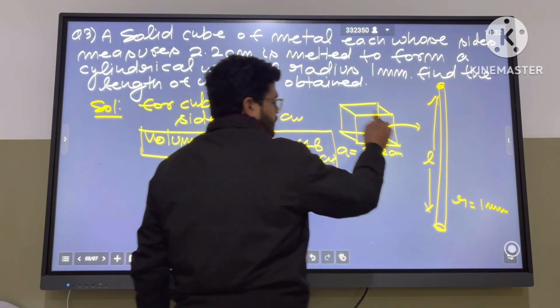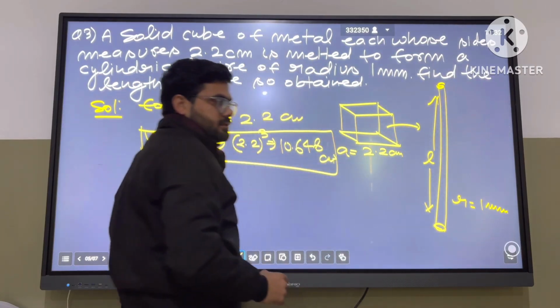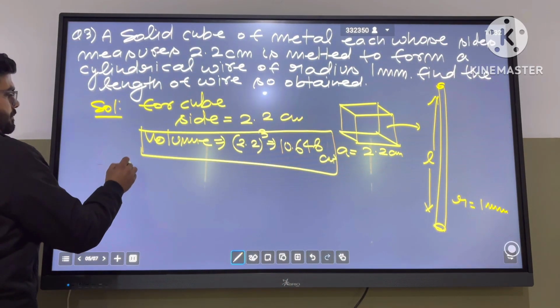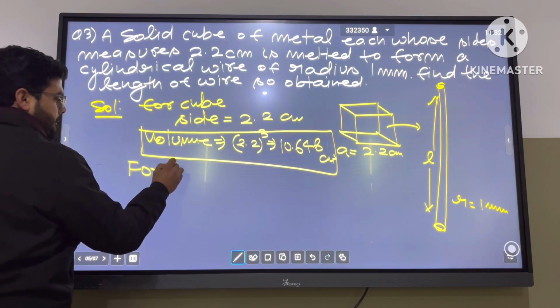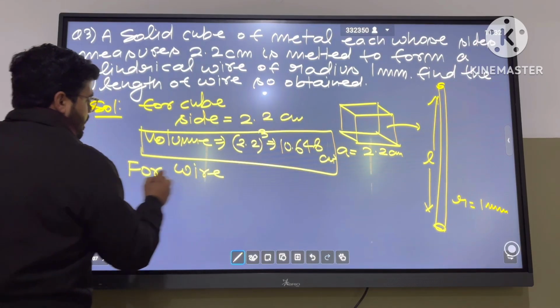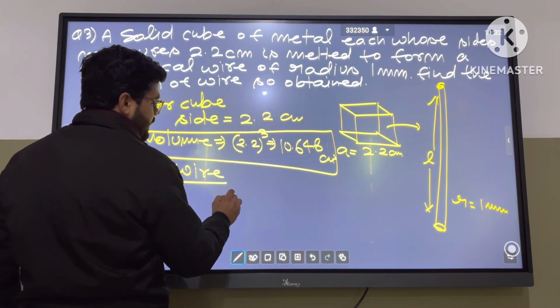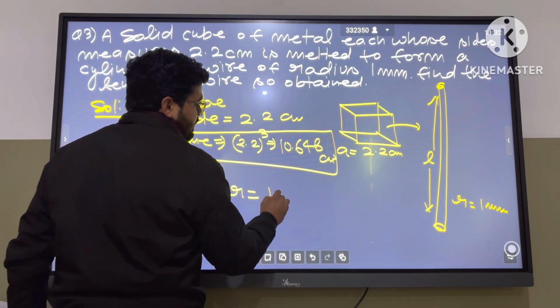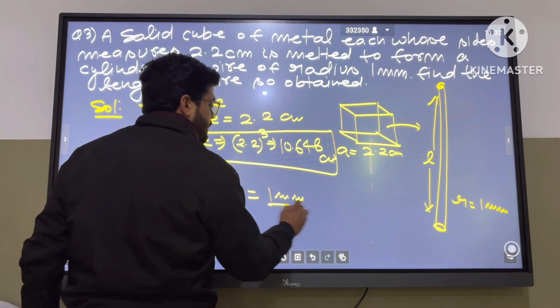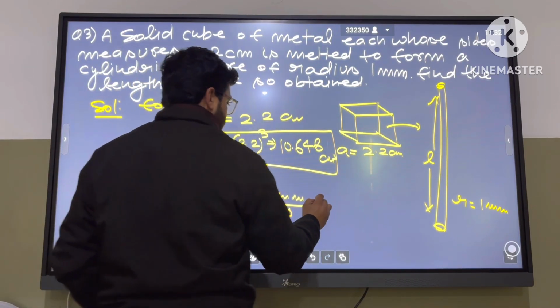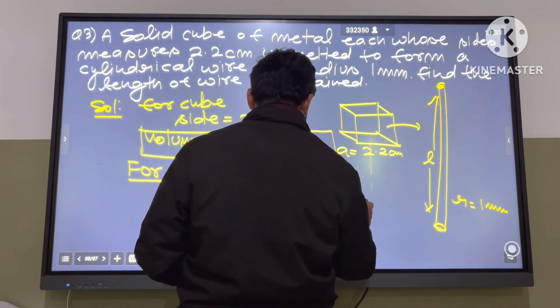तो अब इसको बेटा कन्वर्ट कर दिया इन अ वायर. For the wire, radius is equal to 1 millimeter. Convert millimeter into centimeter, divided by 10. Answer is 0.1 centimeter.